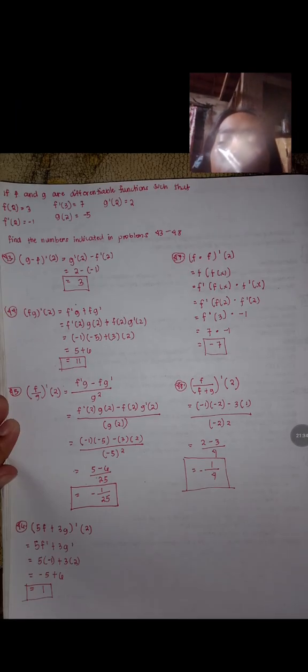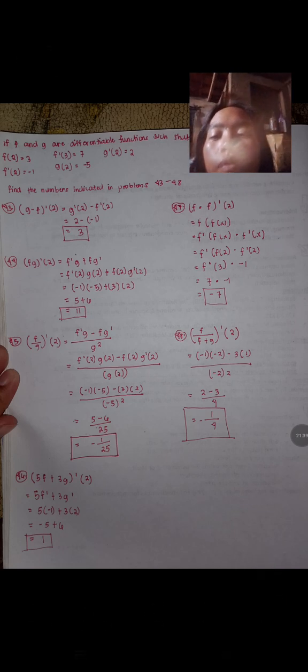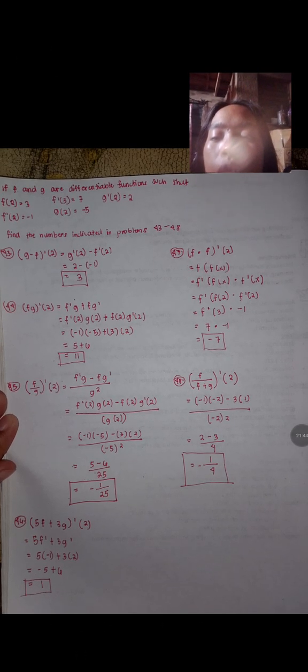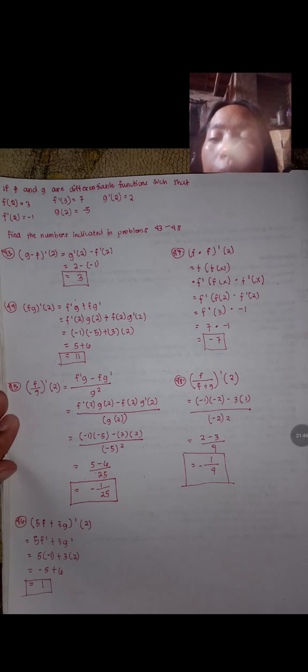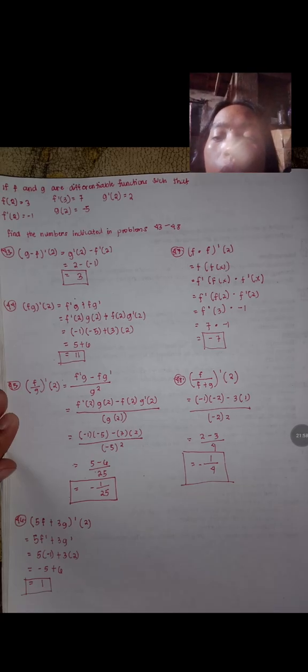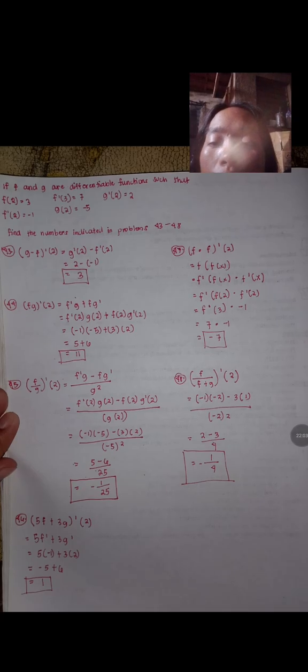So for number 43, it says here that the quantity of g minus f prime of 2 is equal to, we just need to substitute. So what is our g of 2? That is 2 minus our f prime of 2, that is negative 1.